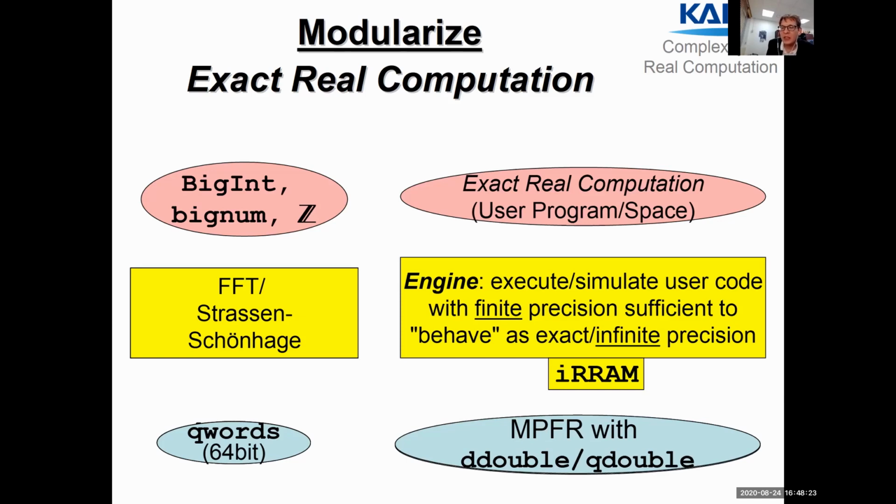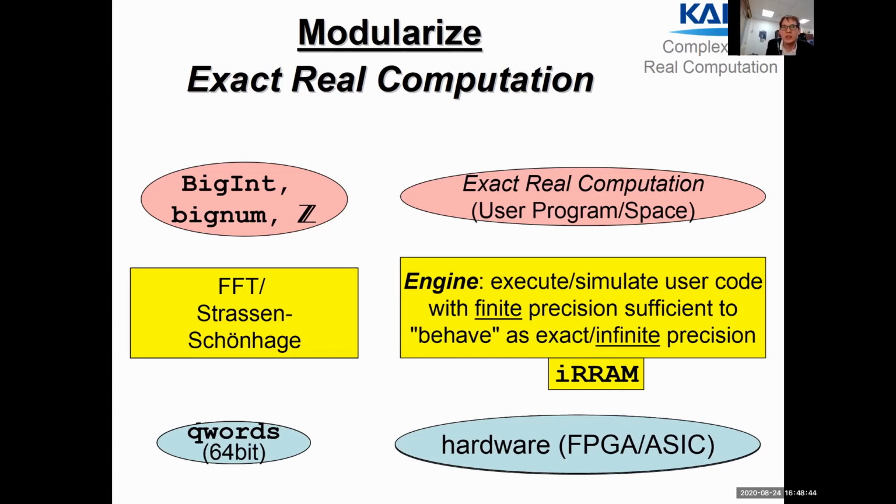But there are other conceivable ways to accelerate this arbitrary precision computation, for instance, with dedicated hardware like field programmable gate arrays or application-specific integrated circuits. This is something that Fritz Meyer-Lindenberg from Hamburg Technical University is doing.